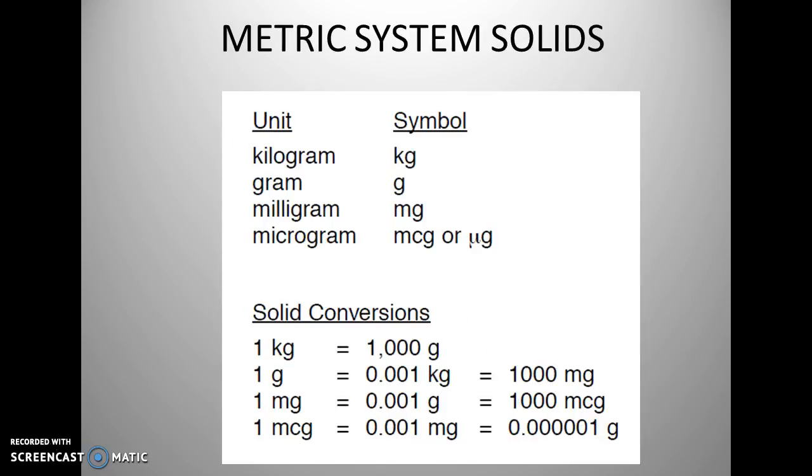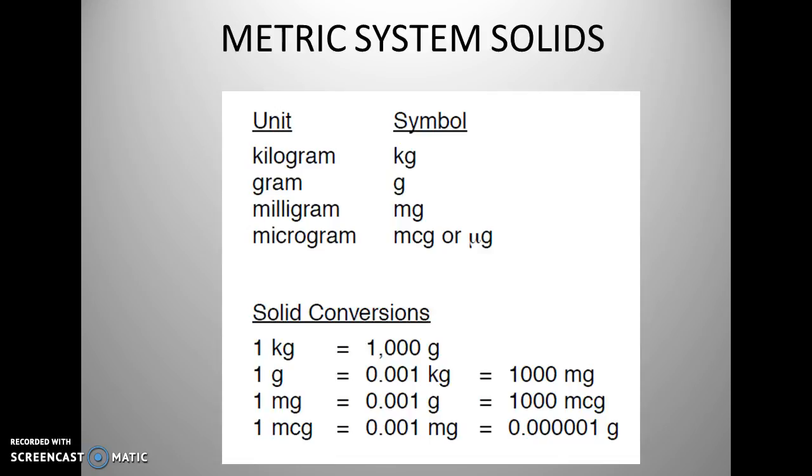And let's look at the metric system in relationship to solids. A kilogram has a symbol of kg, grams g, milligrams mg, and micrograms, you find mcg, or the symbol mu, which is Greek, in front of the g.